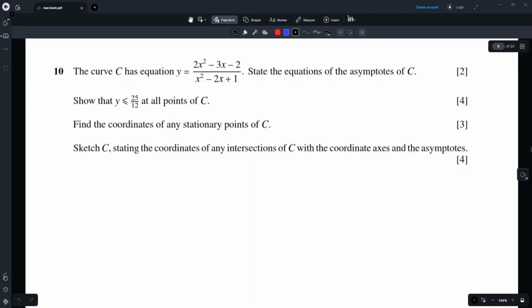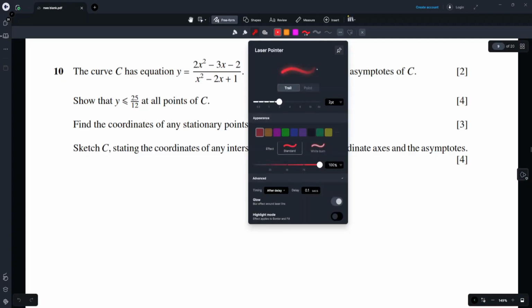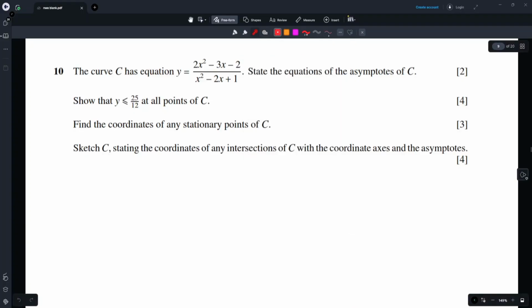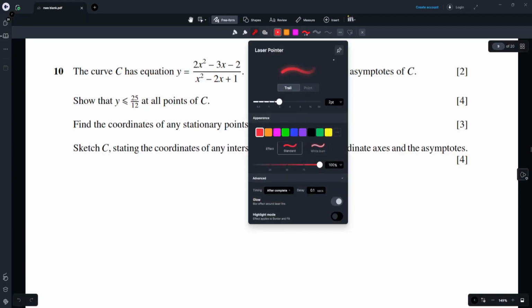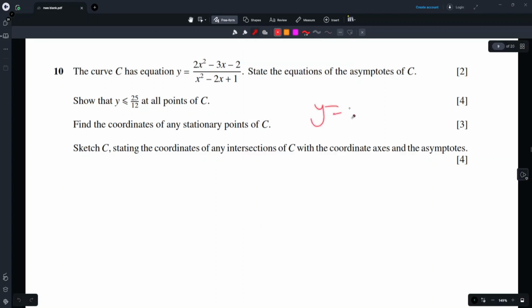But in this case, it is constant, something like y equals c, something like y equals 5, x equals 3, x equals 2, something like that.